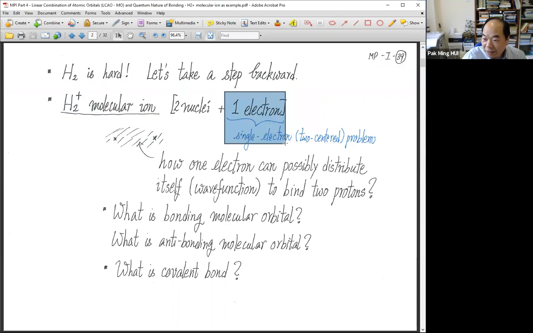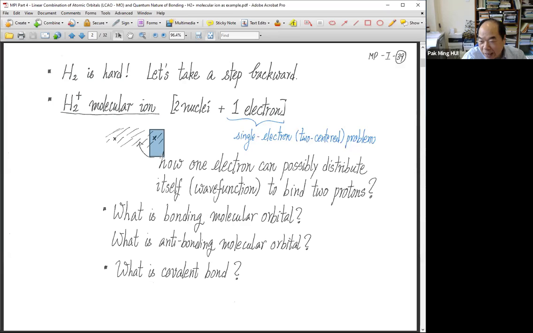That is the trick. We want to understand bonding. Okay, now the question becomes very interesting. If you are this electron, what would you do? There are two centers. Would you go to this side alone and form a neutral hydrogen and then an isolated lonely proton?